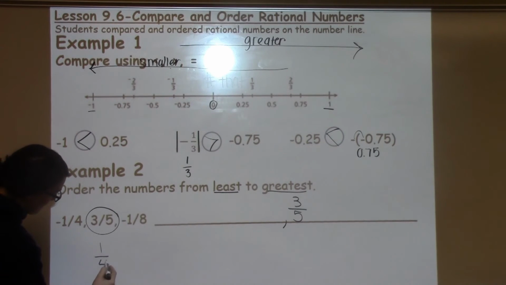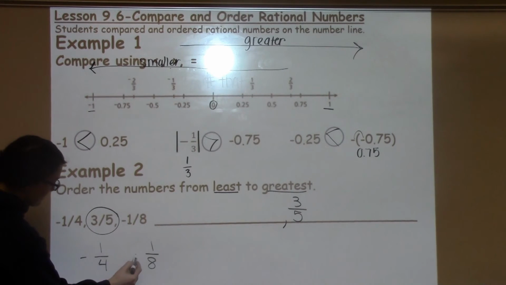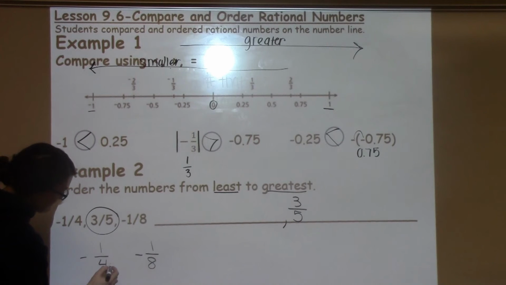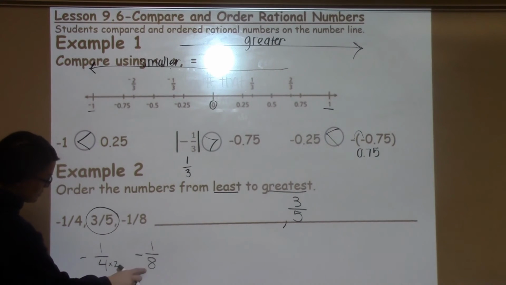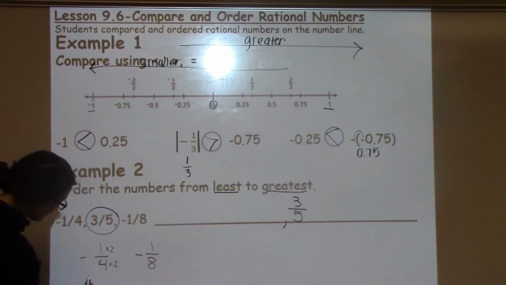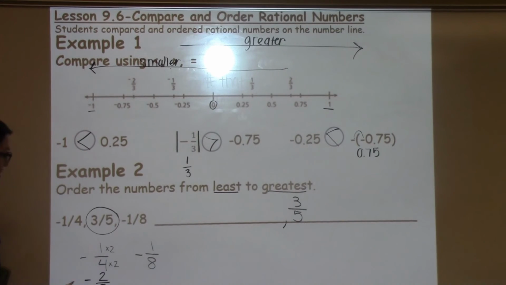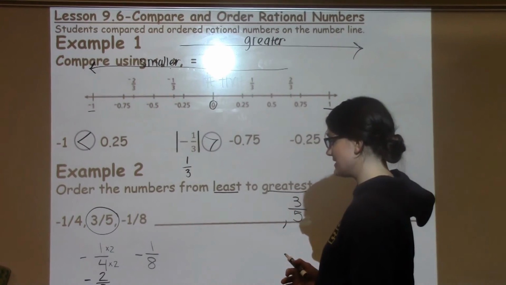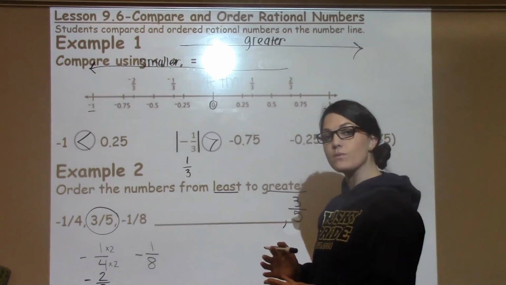So when I think about 1/4 versus 1/8 and where they would be on the negative number line, I could also compare these by making the denominators the same. I know that 4 times 2 would give me 8. Anything I do to the bottom, I must do to the top. So this is the same as -2/8.